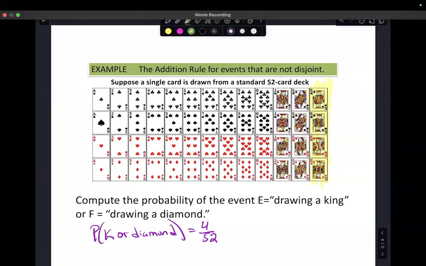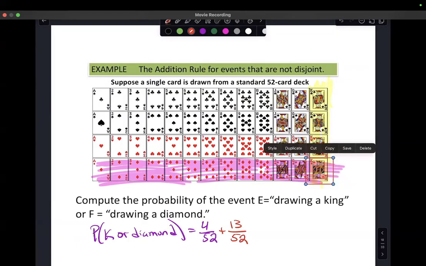I'm going to highlight the diamonds. There we go. Now the diamonds, there's 13 diamonds. But this one right here, this king of diamonds, he was counted twice. He's highlighted twice. So I counted him in the 4/52 and I counted him in 13/52.